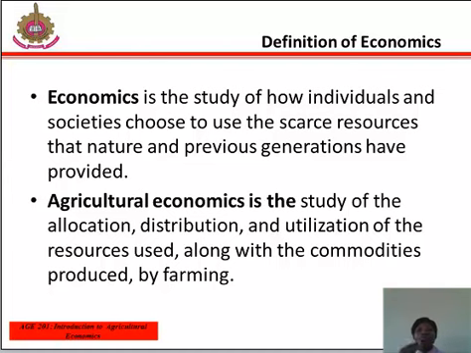How is it produced, and who gets it? Therefore, we conclude that economics does not only cover the decision-making behavior of individuals, but also the macro variables of economics like national income, public finance, international trade, and so on.